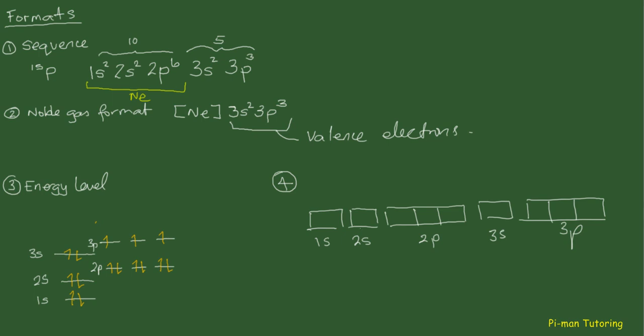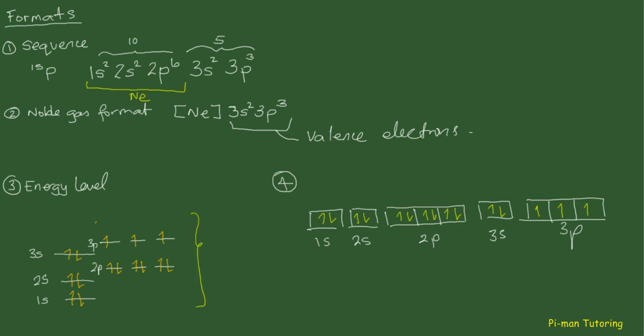And the electrons are shown in exactly the same way. So 1s is full, 2s is full, 2p is full, 3s is full, and then 3p is half full.